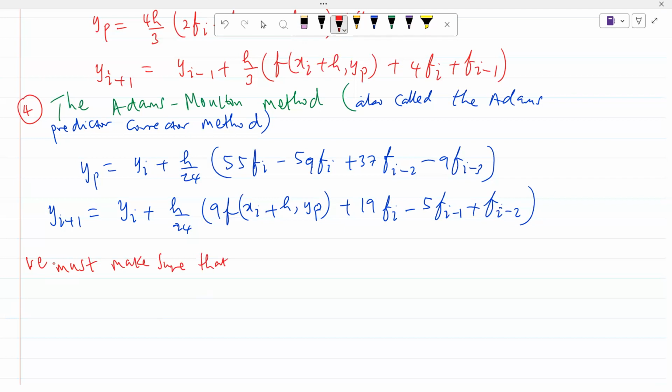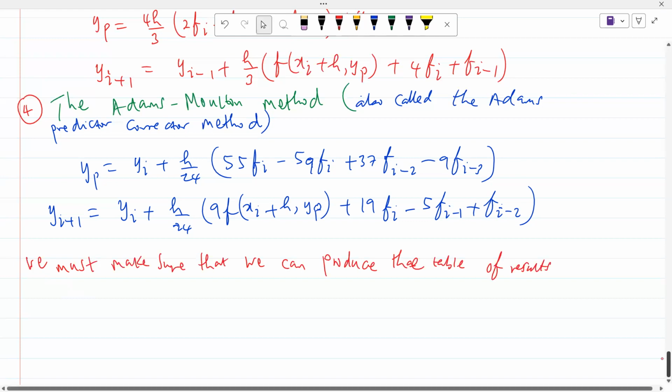We must make sure that we can produce the table of results by using a calculator. This is very important.